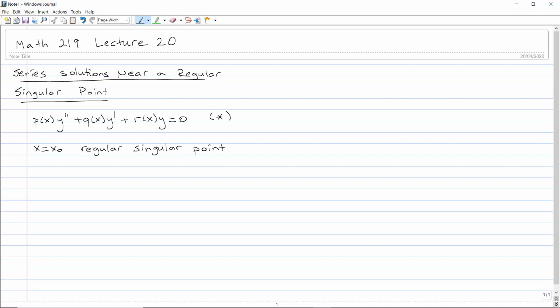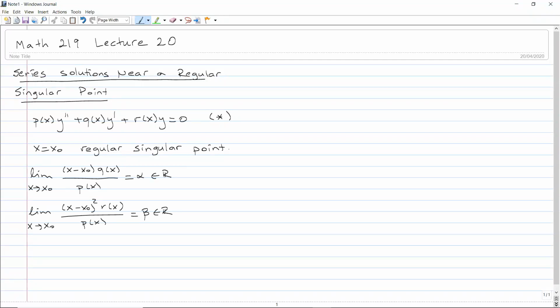Since x0 is a regular singular point, this means the limit as x approaches x0 of (x minus x0) times the function q divided by the function p is a real number alpha, and the limit as x approaches x0 of (x minus x0) squared times r(x) divided by p(x) is another real number, say beta.